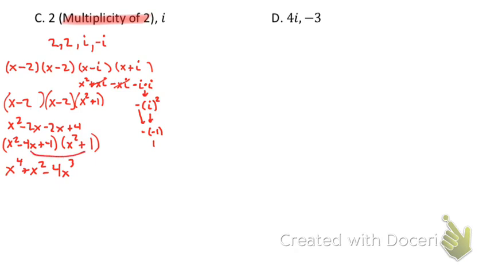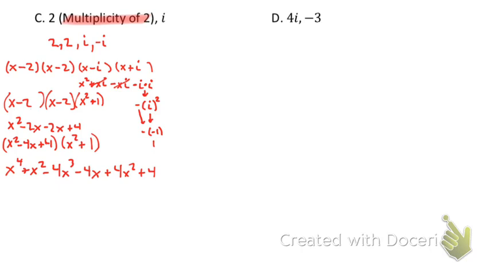Negative 4x times 1 is negative 4x. 4 times x squared is positive 4x squared. 4 times 1 is positive 4.